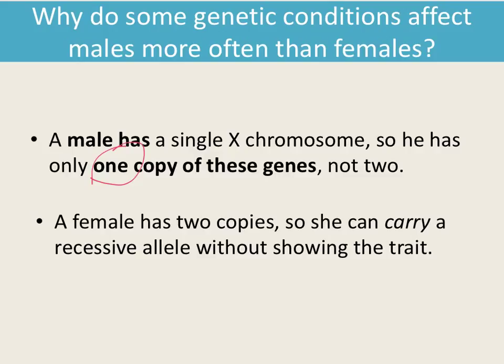A female has two copies, so she can carry an X normal and an X mutant and show normal phenotype, but pass on XM to the male who has a Y. Y cannot rescue M, so the individual XM actually has the trait, the mutant trait.